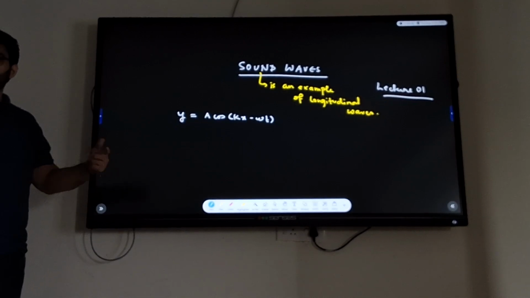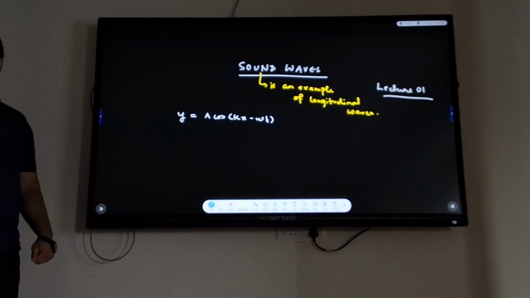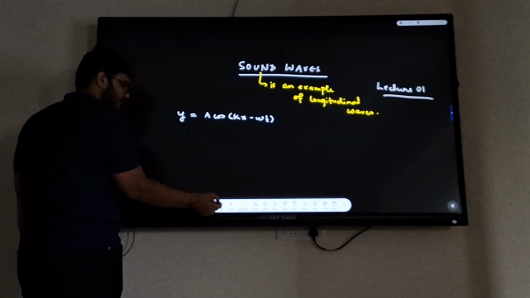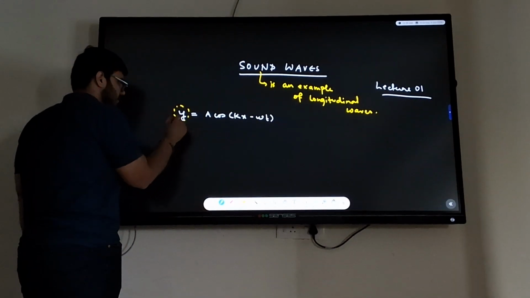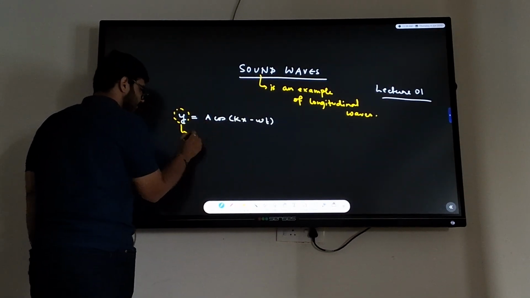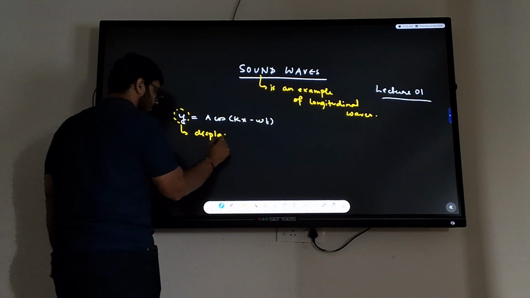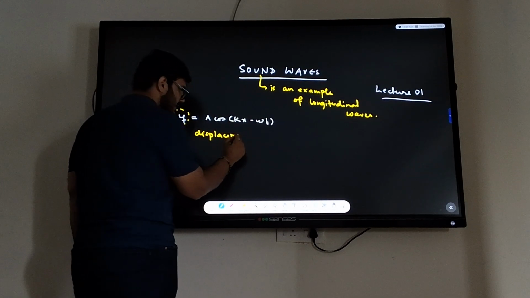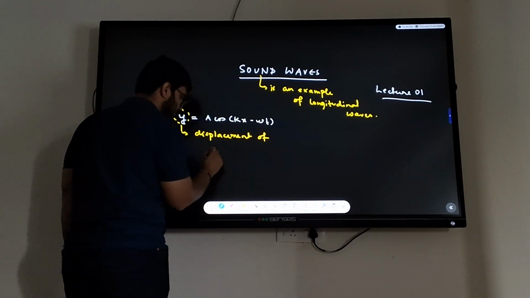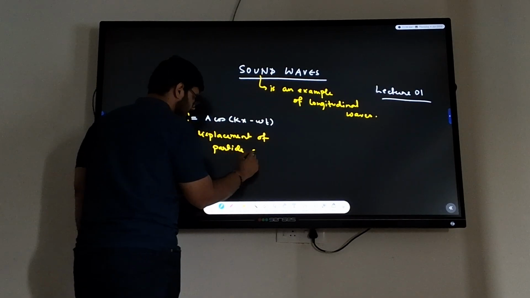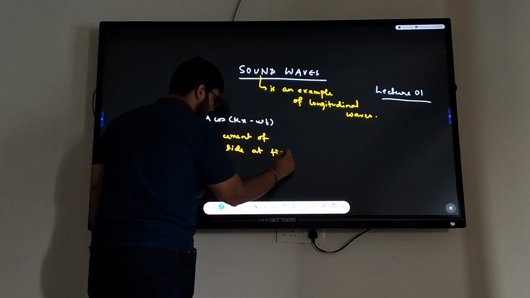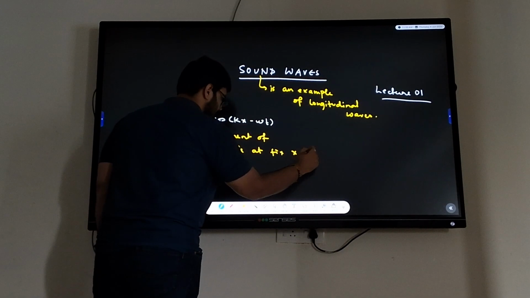Displacement of a particle for a fixed t and fixed x. So this used to represent displacement. So hopefully you are writing with me, of particle at fixed x and t.